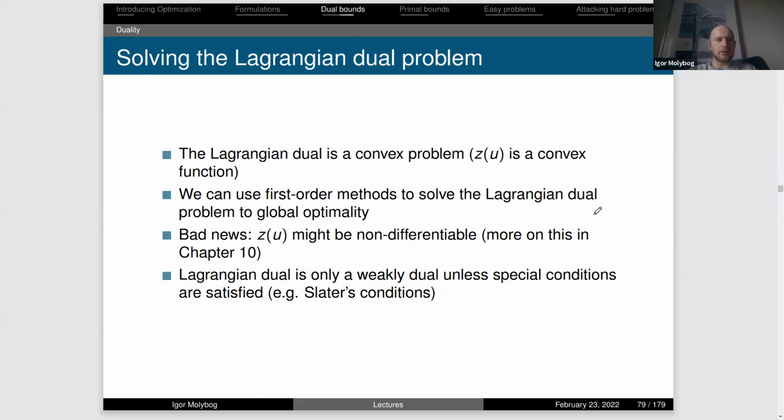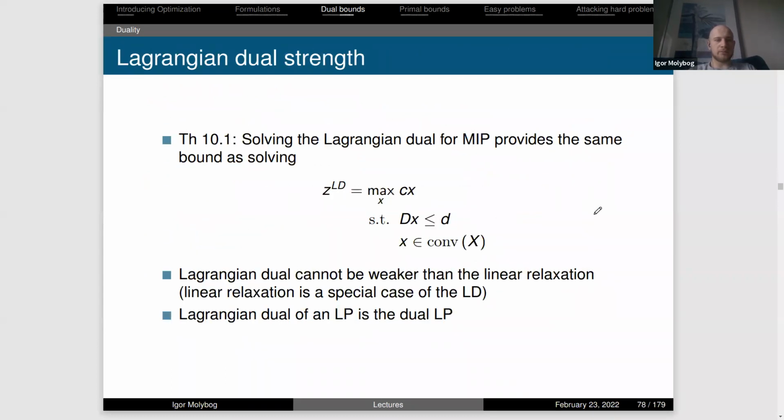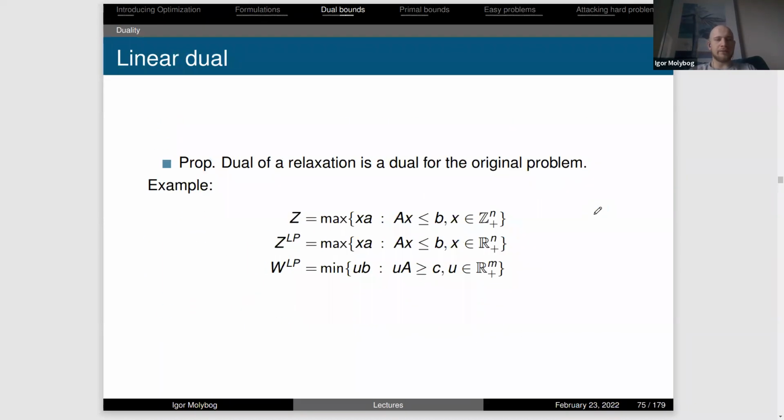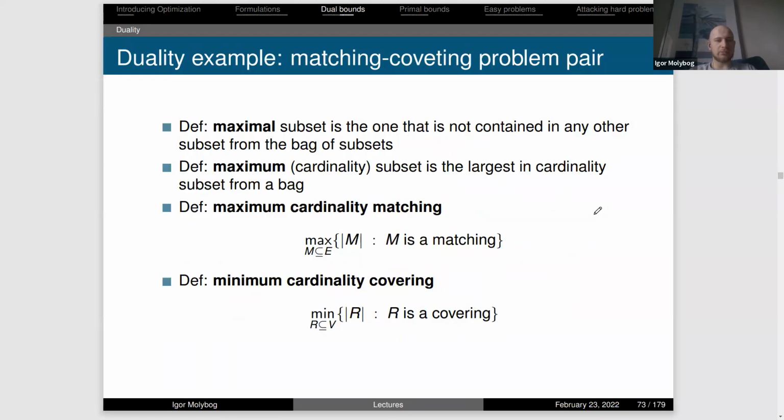I don't think we will discuss in detail a problem like matching covering. I'm not sure what exactly it's going to be. Matching covering is an extremely common and well-known example.